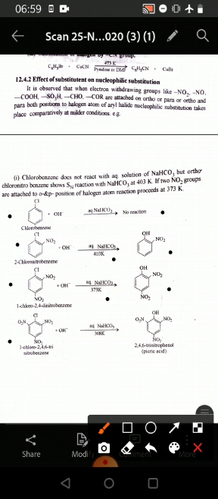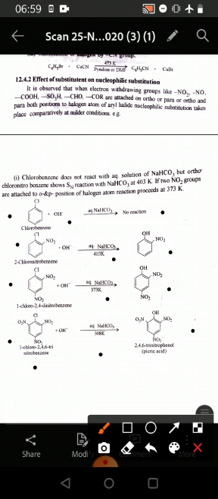And if both ortho positions and the para position are occupied, that is, we take 1-chloro-2,4,6-trinitrobenzene, then the temperature gets even lower, the reaction takes place at 308 Kelvin and 2,4,6-trinitrophenol is formed.